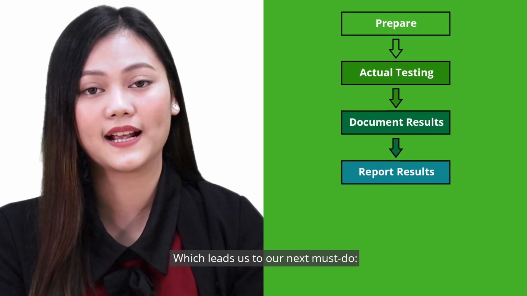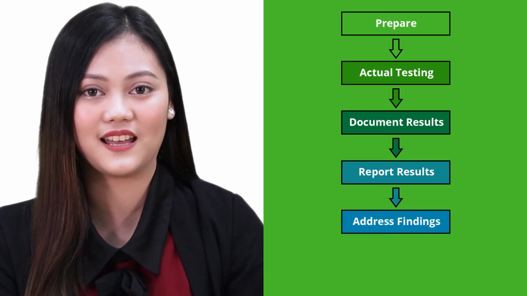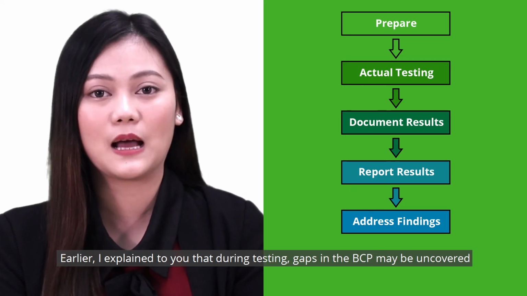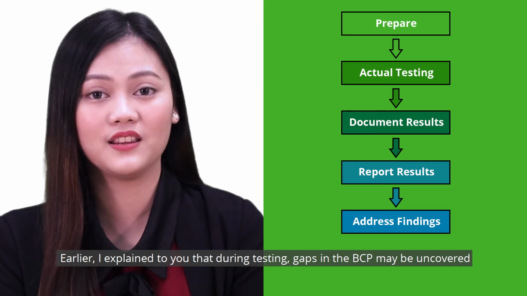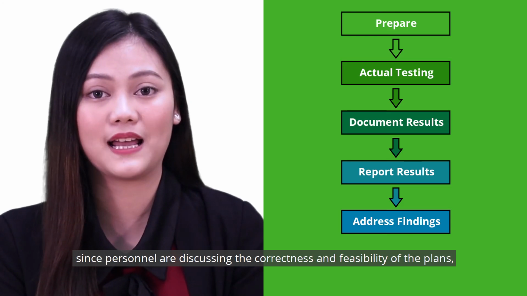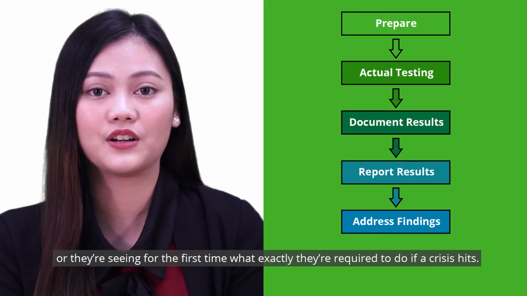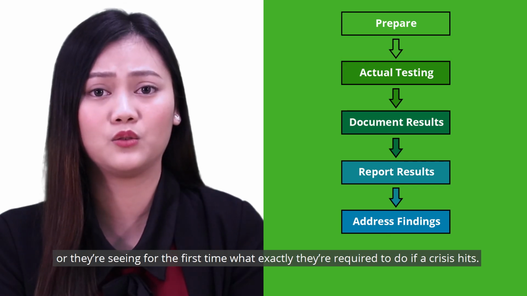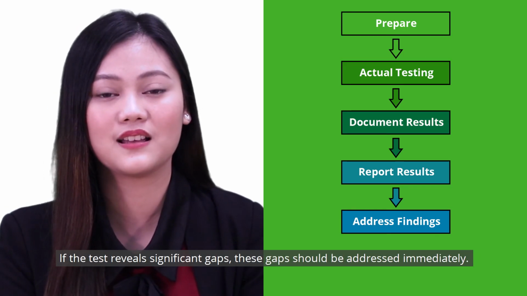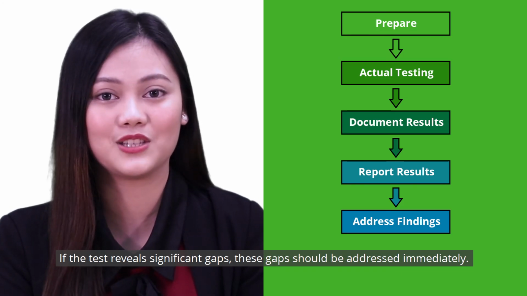Which leads us to our next must-do, address the findings. Earlier, I explained to you that during testing, gaps in the BCP may be uncovered since personnel are discussing the correctness and feasibility of the plans, or they're seeing for the first time what exactly they're required to do if a crisis hits. If the test reveals significant gaps, these gaps should be addressed immediately.